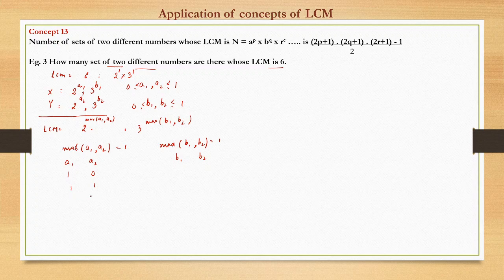Now similarly, if a2 is 1, a1 can be 0, so these three cases would be there, right? Similarly for b1, b2, if b1 is 1, b2 can be either 0 or 1. Similarly if b1 is 0, b2 has to be 1. So three cases here and three cases here we can get.